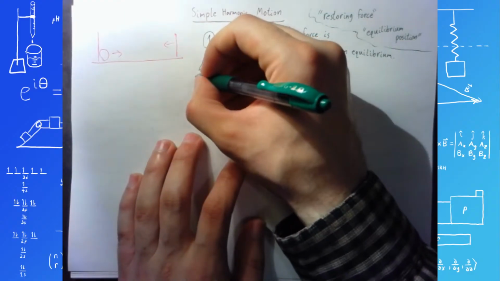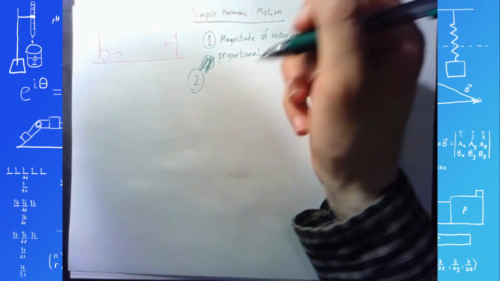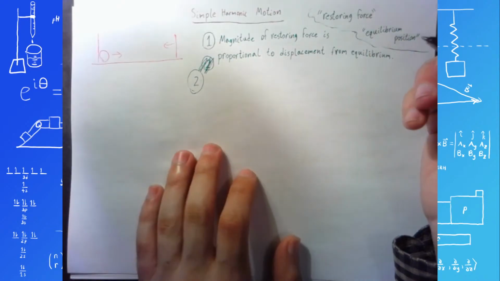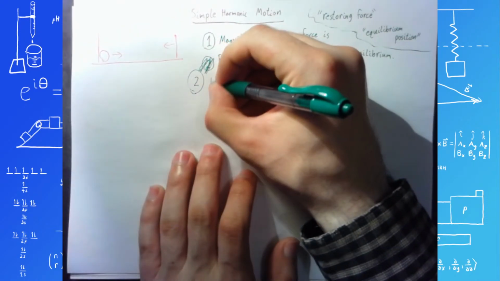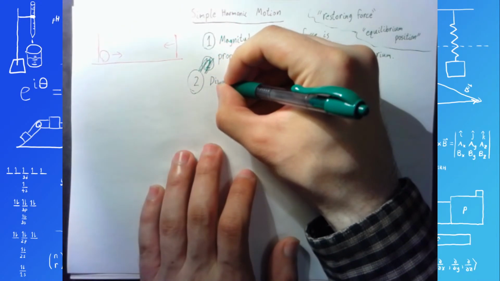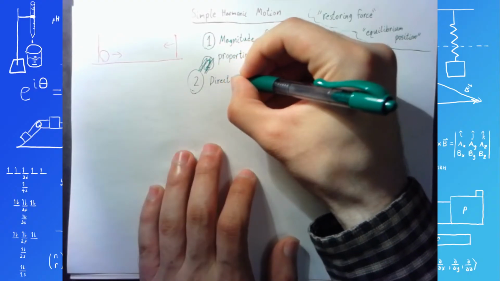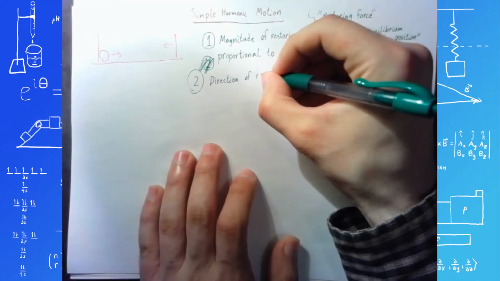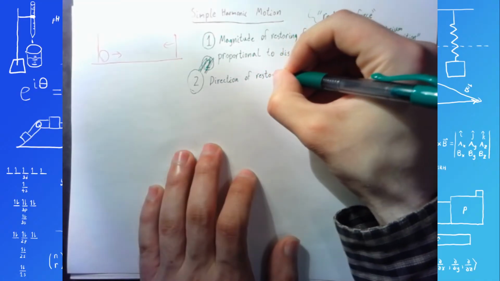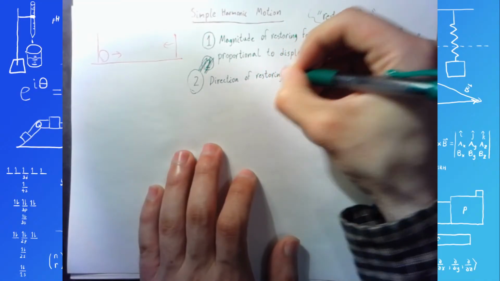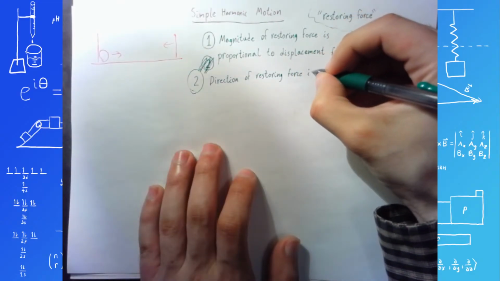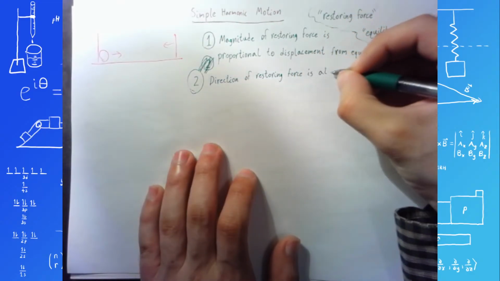And then condition two is that the restoring force must point in the opposite direction to the displacement. Direction of restoring force is always opposite to displacement.